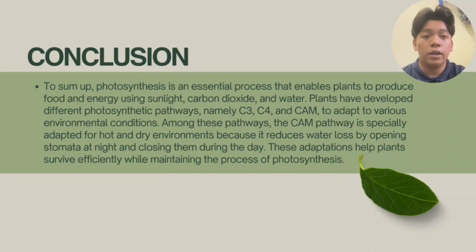Among these pathways, the CAM pathway is specially adapted for hot and dry conditions because it can reduce water loss by opening stomata at night and closing them during the day. This adaptation helps plants to survive efficiently while maintaining the process of photosynthesis.